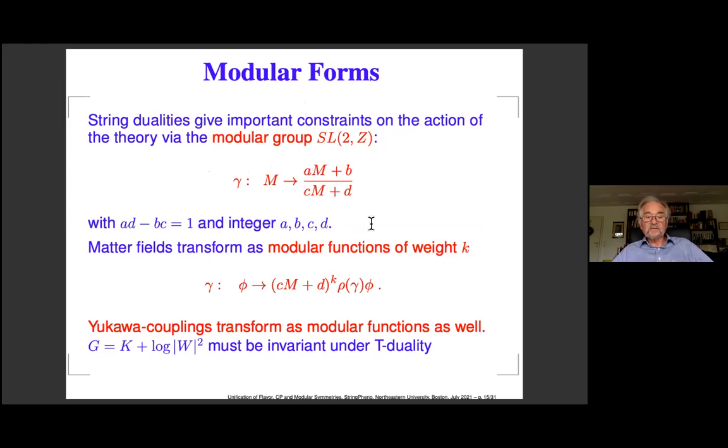And the matter fields transform as modular functions of a given weight K. So if rho is a representation of this group acting on phi, you will not only have that representation acting on, let's say, a matter field, but you will also have a so-called automorphy factor with a given modular weight K, which is important for the theory and the properties of the theory. So we will have first the group, its representation, but we will also have these automorphy factors in the final form.